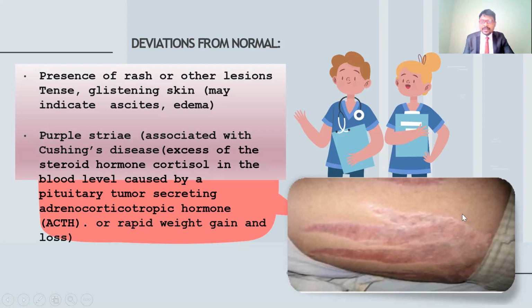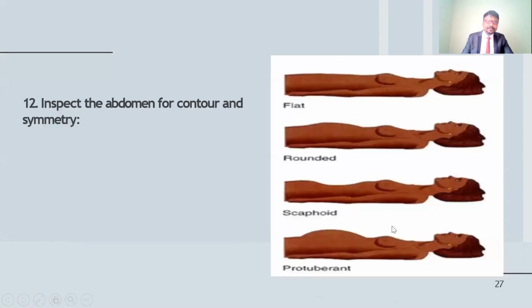The weight is going to increase, and a hormonal imbalance may occur. Because of this imbalance, they may get pinkish or purple stripes, lines or marks, which we can find.